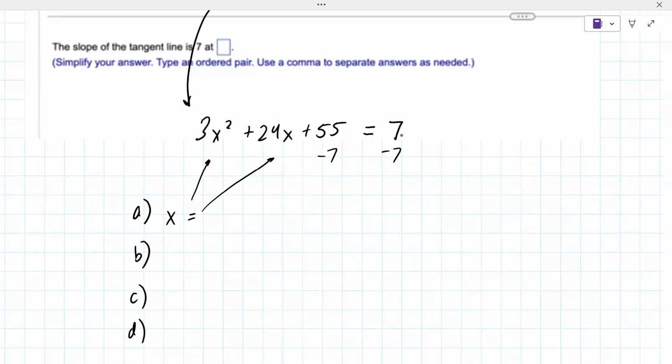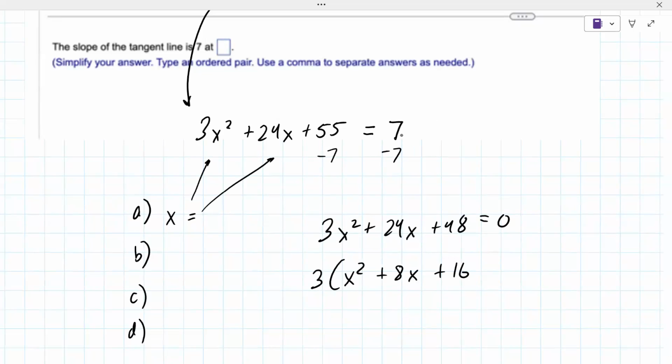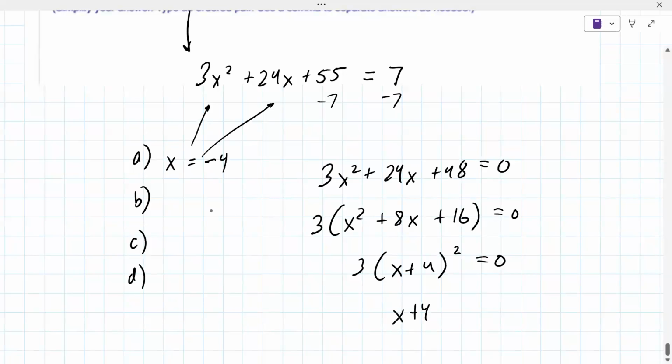It's not that bad: you subtract 7 from both sides, and then everything is divisible by 3, which makes this a whole lot easier to factor. It ends up being x plus 4 squared, so x plus 4 equals 0, x equals negative 4.